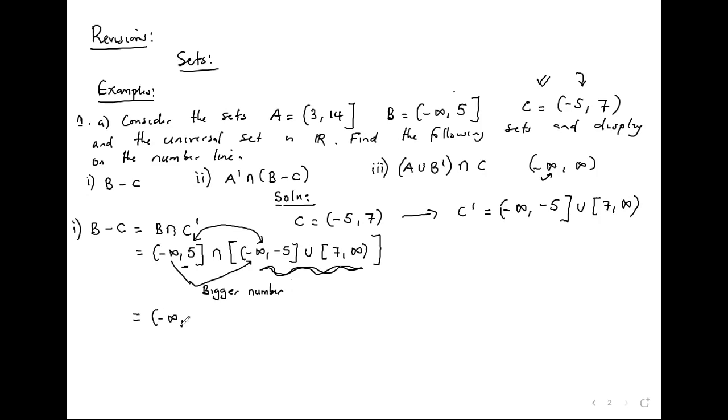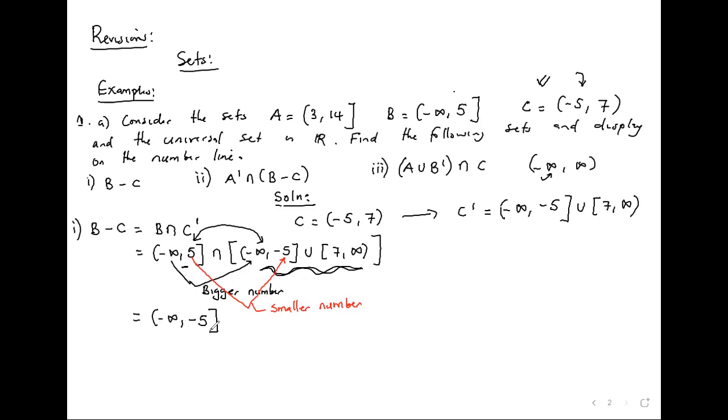Then between this 5 and this -5, here we get the smaller number. The smaller number between 5 and -5 is -5. We get it as it is included. That's the intersection of these 2 intervals.